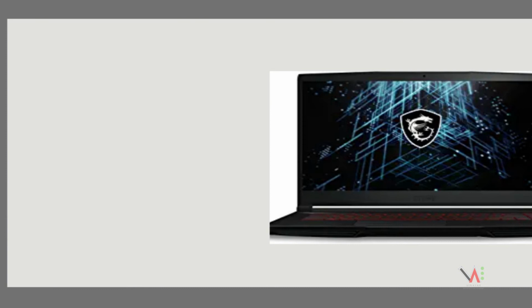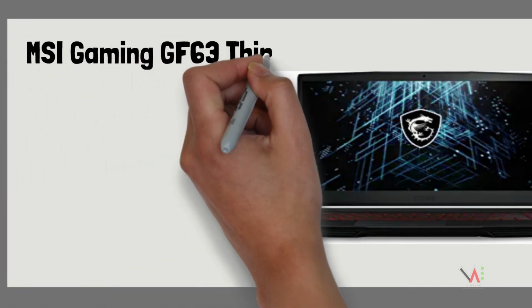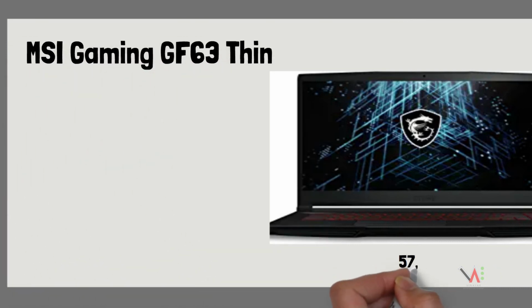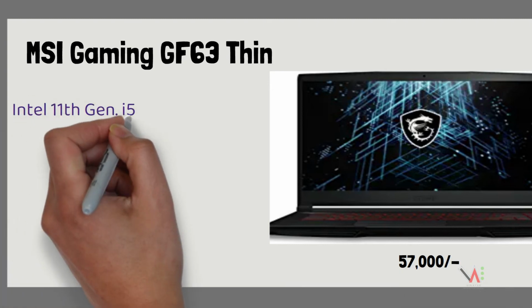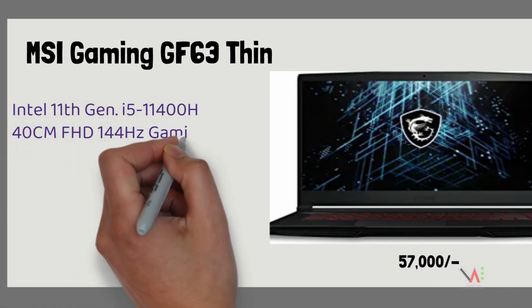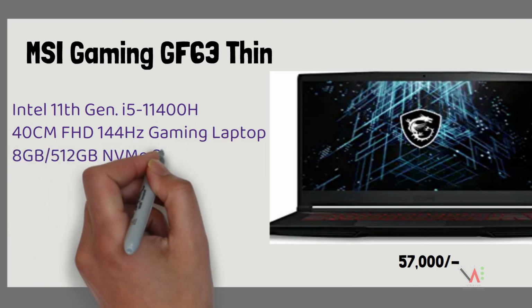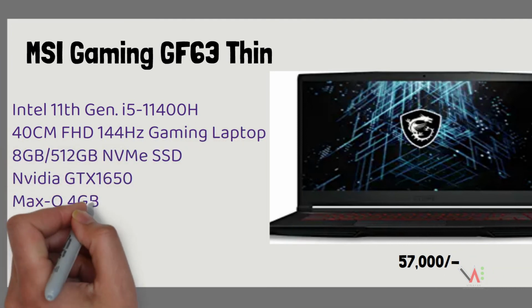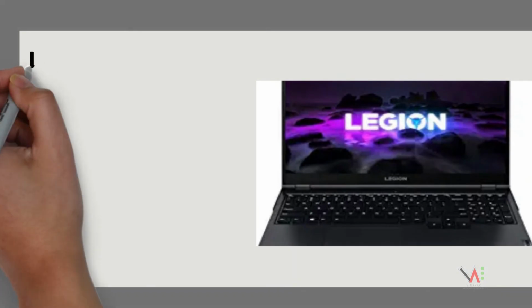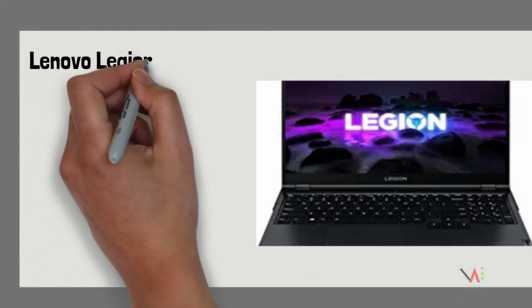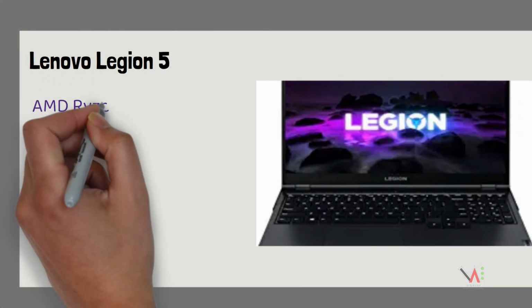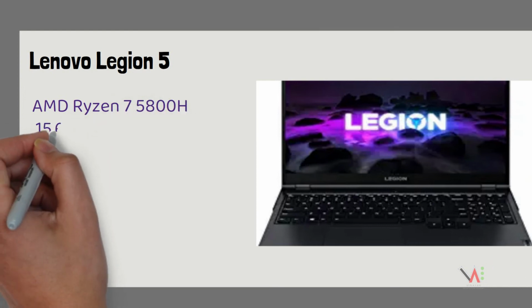The next one is the MSI Gaming GF63 Thin laptop. The price of this laptop is 57,000, and the Amazon Great Indian Sale is on now. The next laptop is the Lenovo Legion 5 with AMD Ryzen 7 5800H.